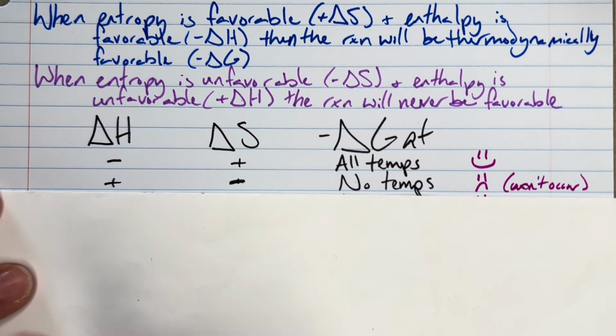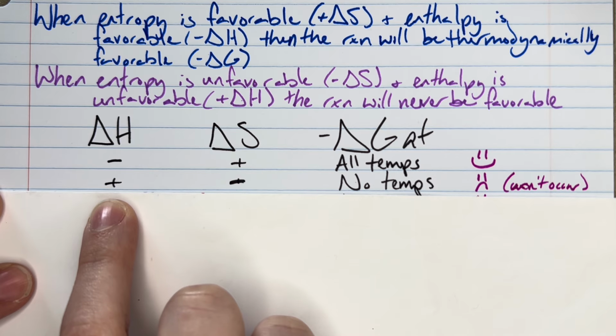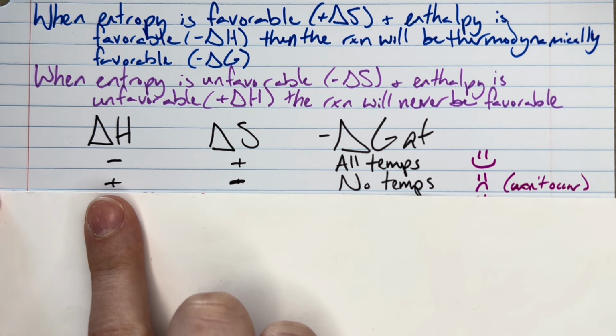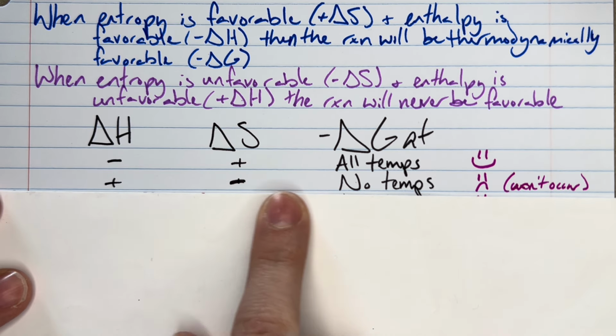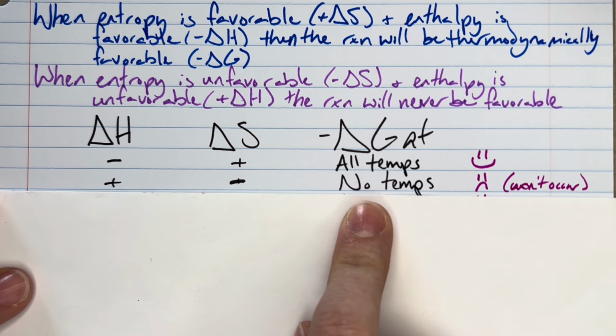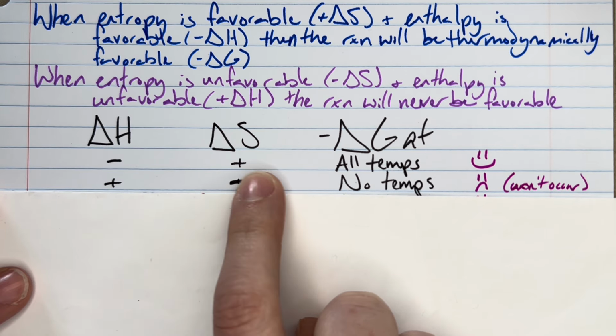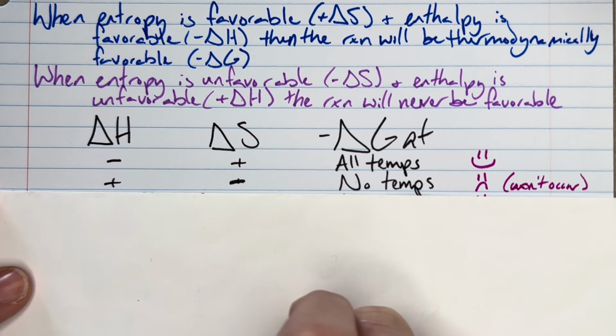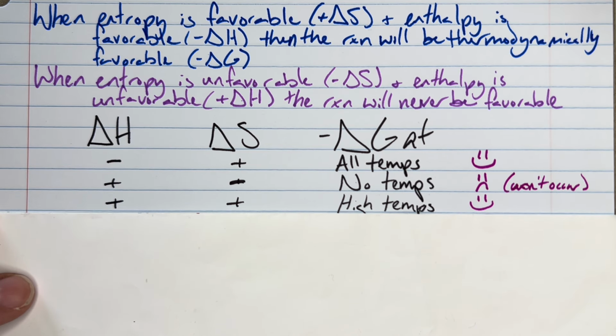If these are reversed, so I have an overall positive enthalpy value and a negative entropy value, this is incredibly not favorable. This is not going to happen under any condition. No temperature is going to be able to overcome the positive delta H value, and so this reaction will not occur.